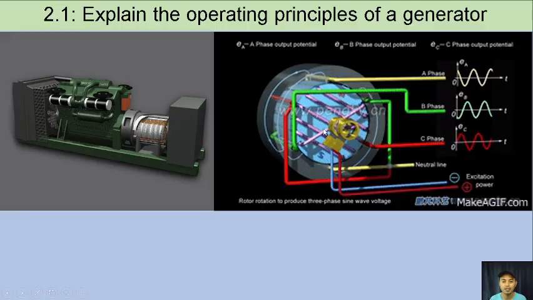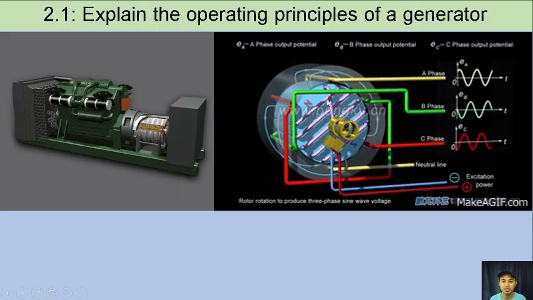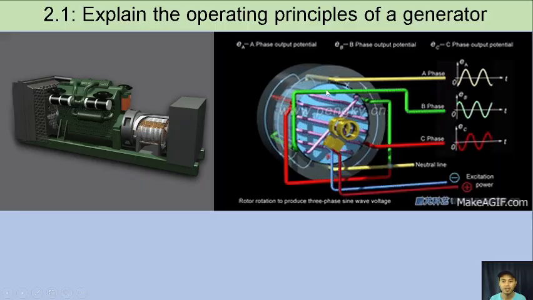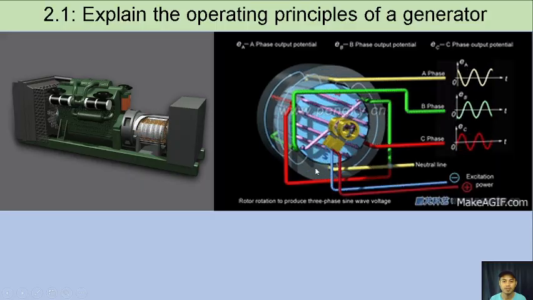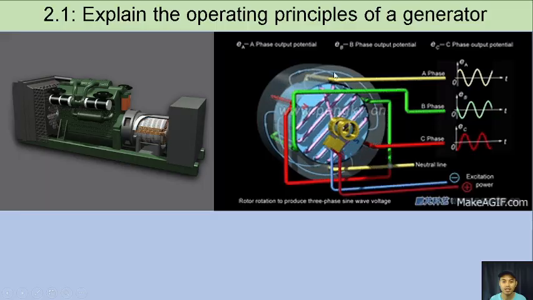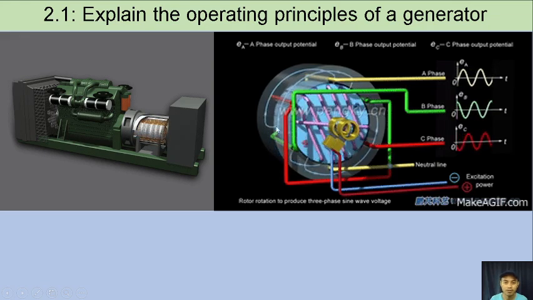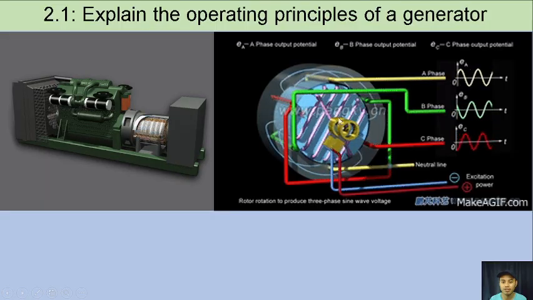As the rotor rotates, there is a magnet inside, and an electromagnetic force is induced. On the stator, there are windings. These yellow, green, red, and blue ones are the windings inside the stator, and these windings will generate electricity from the electromagnetic force of the rotating rotor.